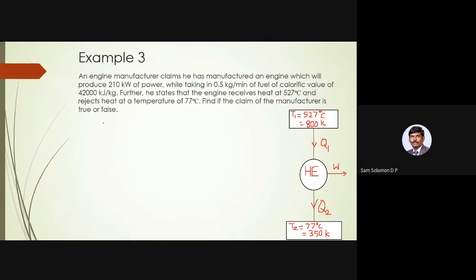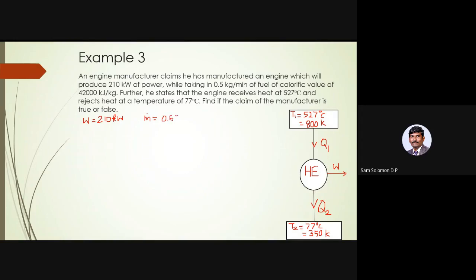What is given to us is that the engine is delivering 210 kilowatt of power. They are saying that this happens when the engine intakes a mass flow rate of 0.5 kilogram per minute.